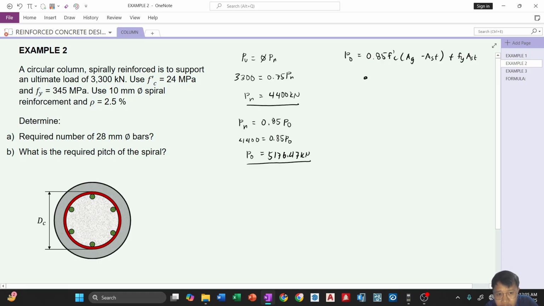But we know that the rho, or the steel ratio, is equal to area of the steel divided by the gross cross-sectional area. Then, we make this area gross muna in terms of area steel. Area steel divided by 2.5%.